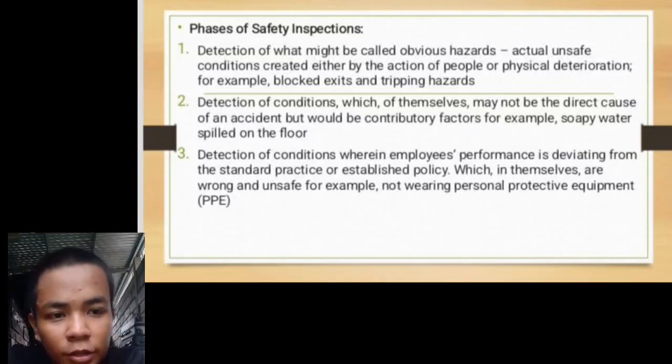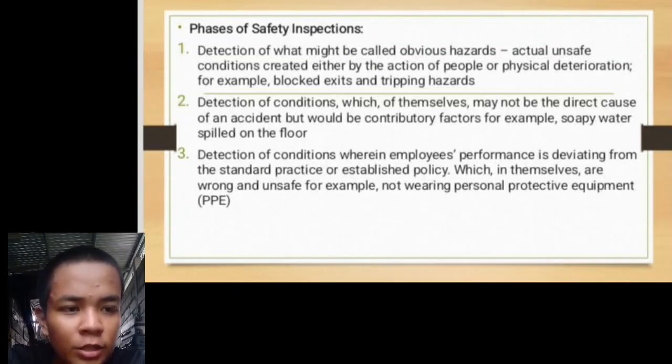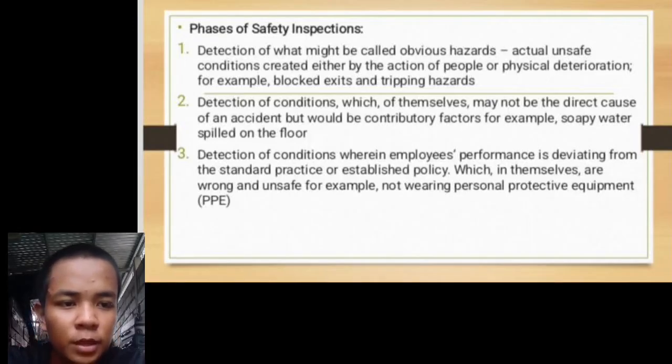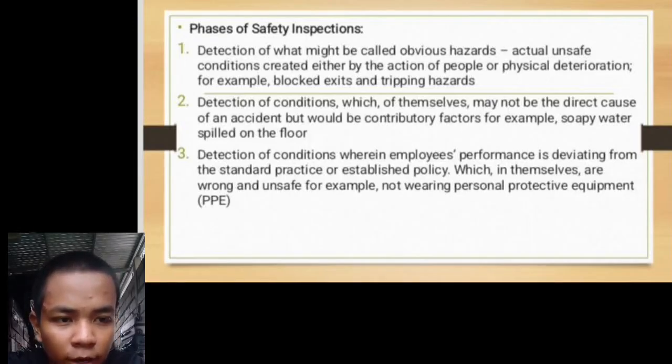1. Detection of what might be called obvious hazards. Actual unsafe conditions created either by the action of people or physical deterioration. For example, blocked exits and tripping hazards. 2. Detection of conditions which of themselves may not be a direct cause of an accident, but would be a contributory factor.